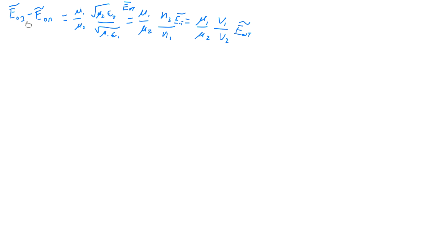So this difference of the incident and reflected amplitude is equal to the transmitted amplitude times the ratio of these properties of the materials. And what's more, a lot of the times mu1, mu2 are equal to mu naught, and so that part of this ratio, mu1 to mu2, just becomes 1. So nice, simple way to relate these things.